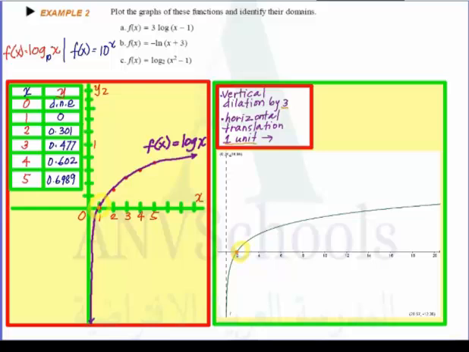Now we go to letter B. F of x is equal to negative ln of x plus 3. So f of x is equal to negative ln x plus 3.